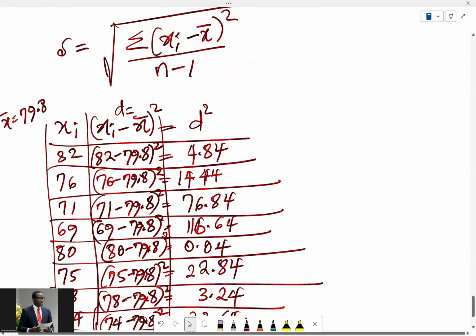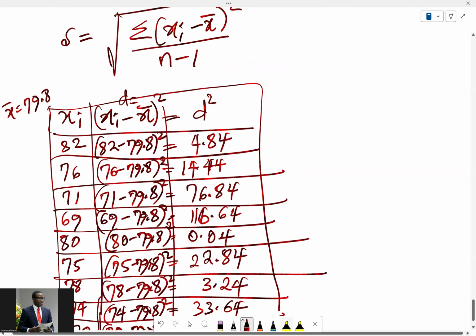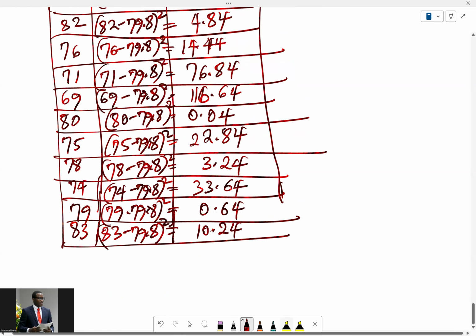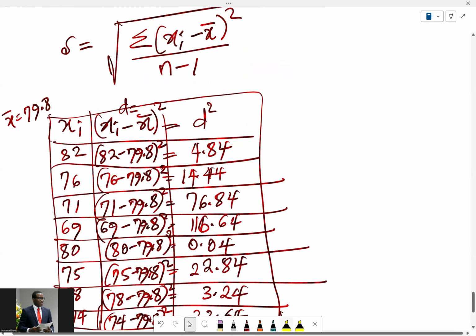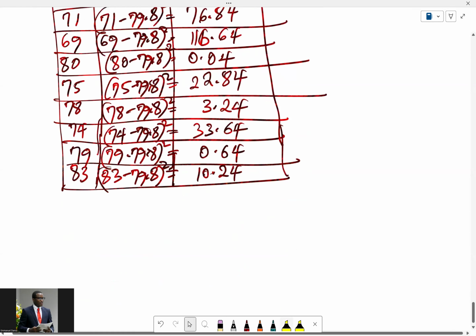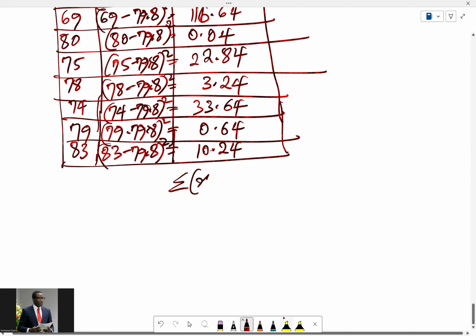At the end of the day, we need the summation of xi minus X bar all squared.